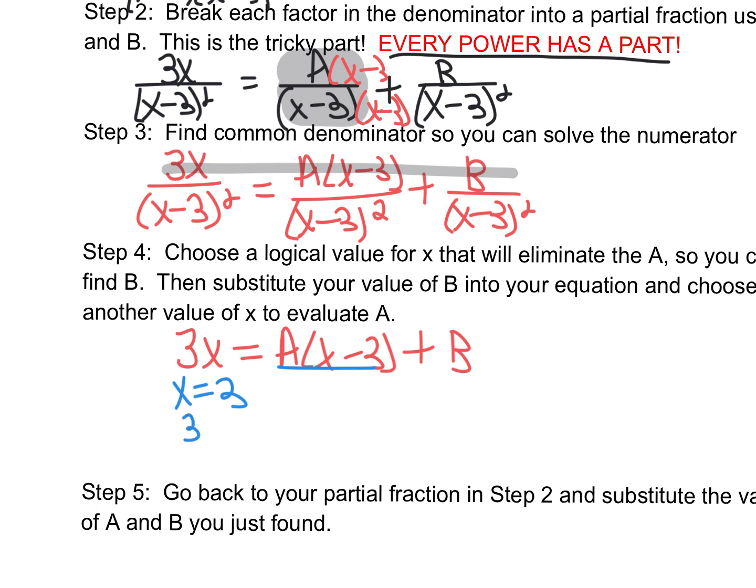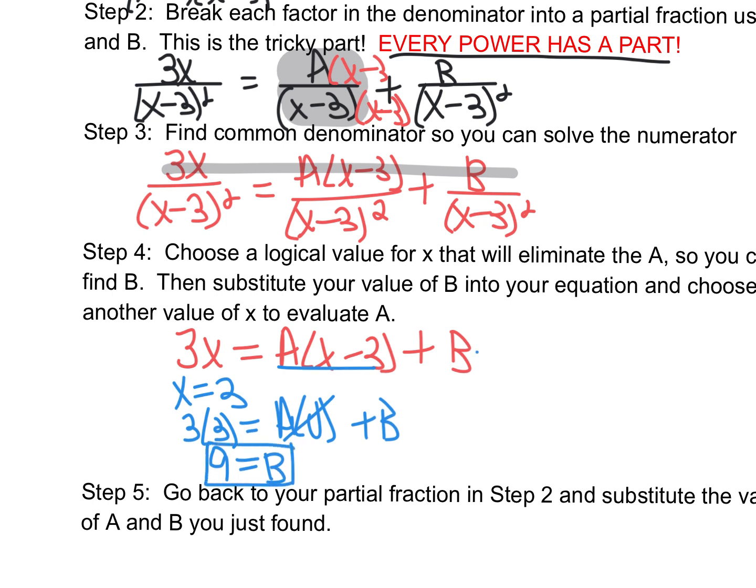So we're going to have 3 times 3 equals a times 0, so that's going to cancel, plus b. There's no x on b, so we don't have to put a 3 with it, which means 3 times 3 is 9. My a is canceled out, so my b equals 9.